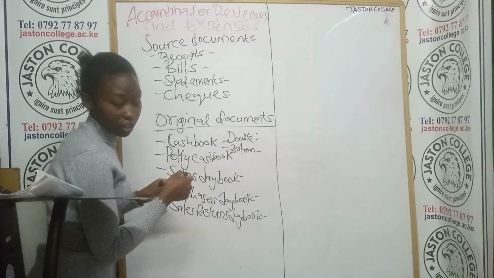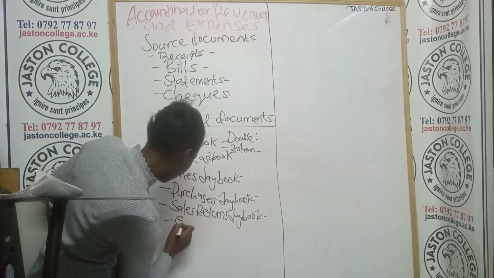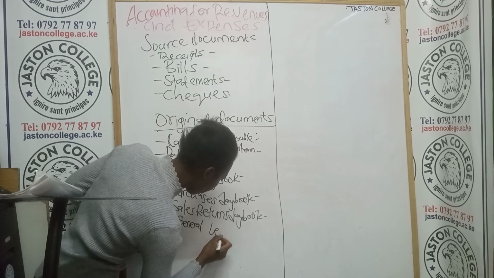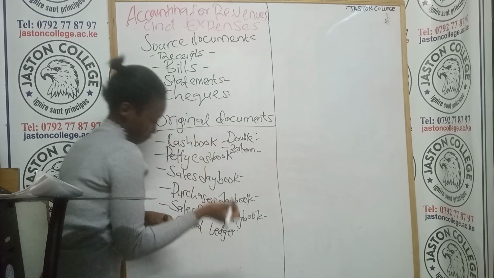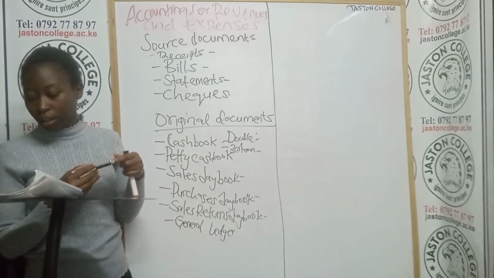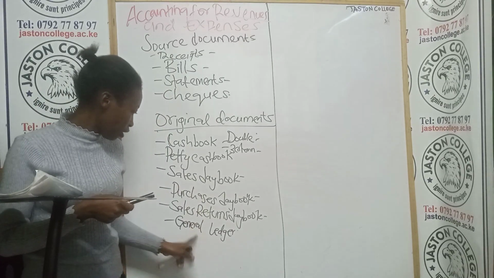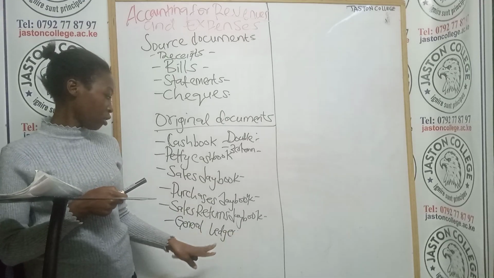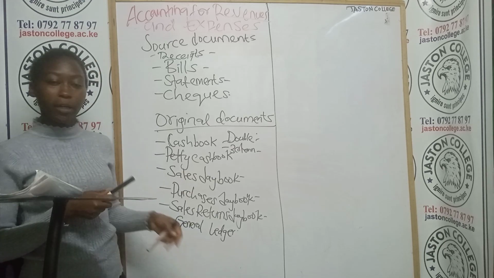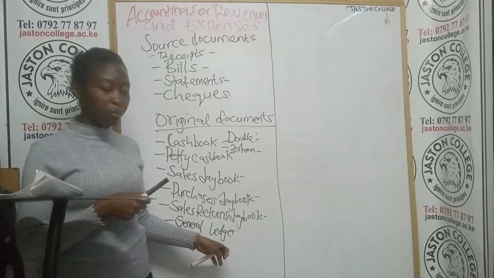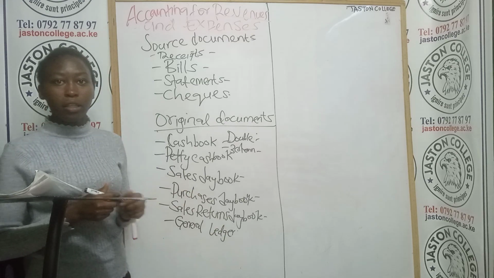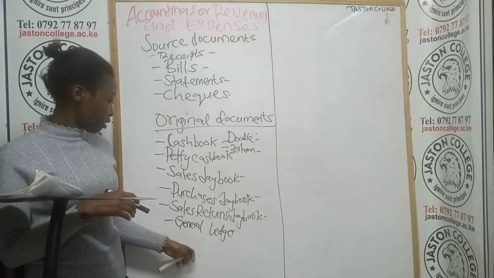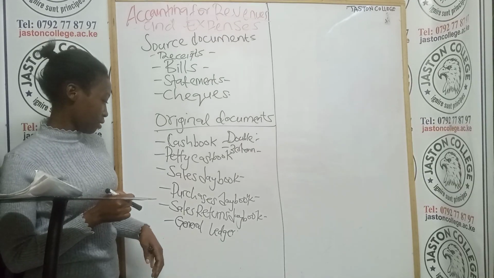So we also have a general ledger. We have our general ledger here. And this ledger is also our original document of recording transactions made in the business. Let's say our business has a general ledger. We have the trial balance.